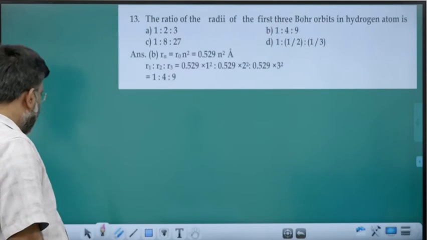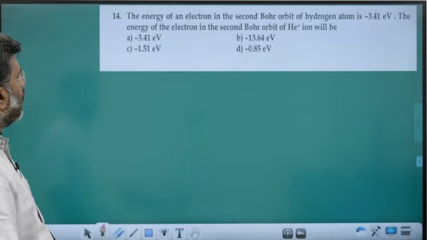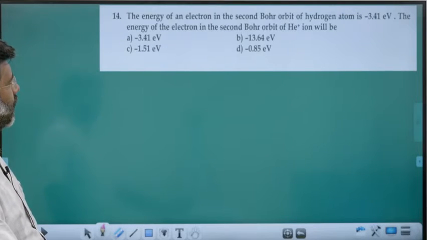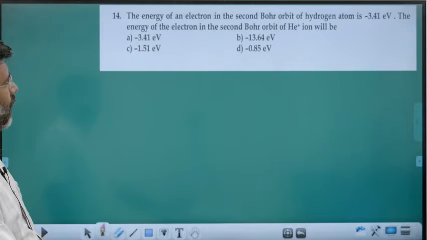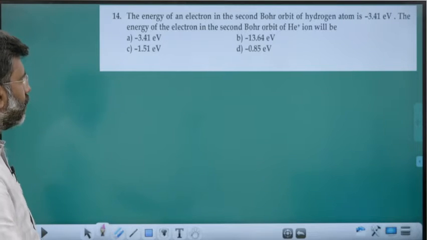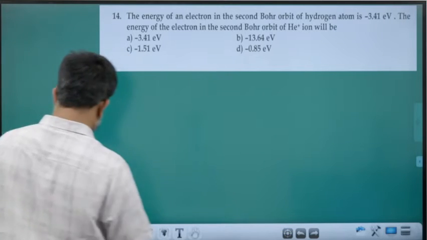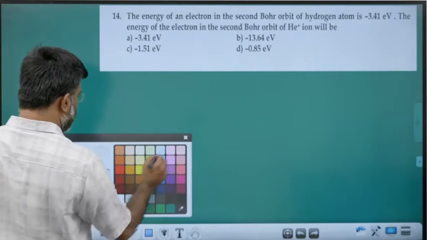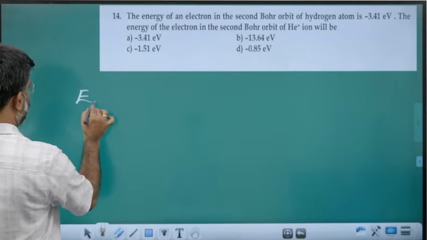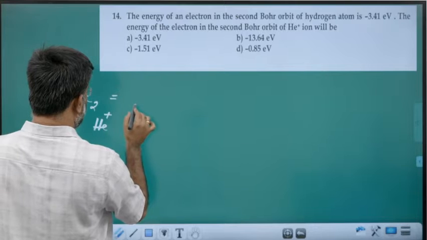Next. Energy of an electron in the second Bohr orbit of hydrogen atom is minus 3.41 electron volt. Energy of electron in the second Bohr orbit of helium plus ion will be, we want to find out E2 for helium plus. How is that?